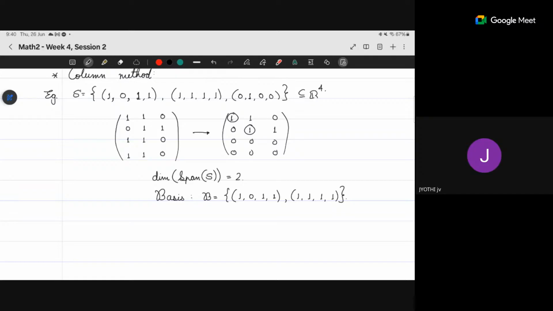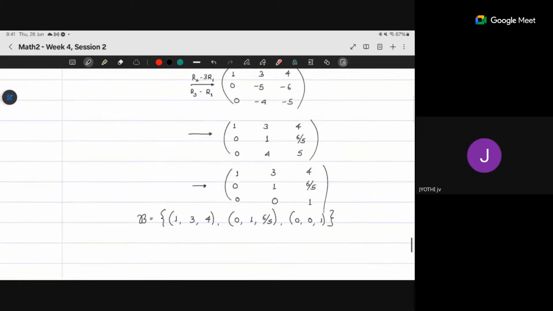So the difference between the row method and the column method, apart from the fact that you arrange them as rows and columns, is that in the row method, you look at the non-zero rows, and that will be your basis. But in the column method, you look at the pivot elements and look at the vectors which correspond to the number of the column which contains the pivot elements. In this case, it is V1 and V2.